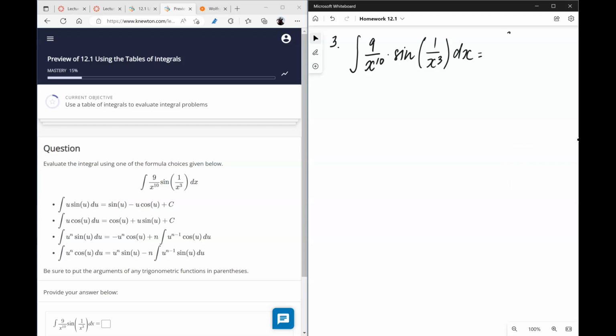So this leads us to the idea of substituting 1 over x to the power 3 as t. So dt will be equal to negative 3 over x to the power 4 dx.